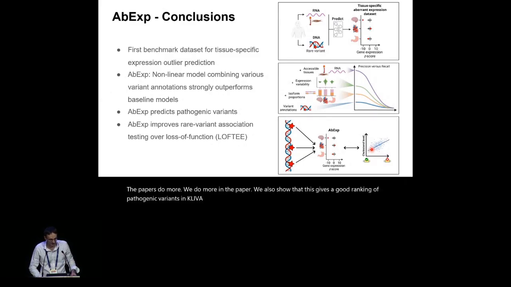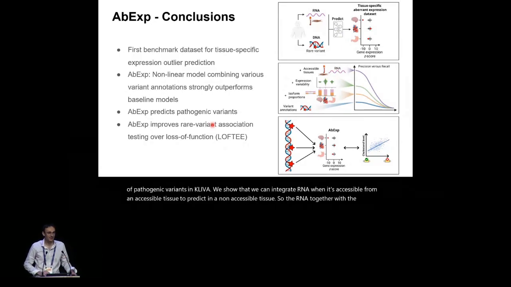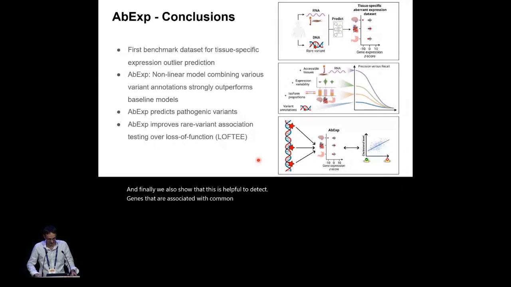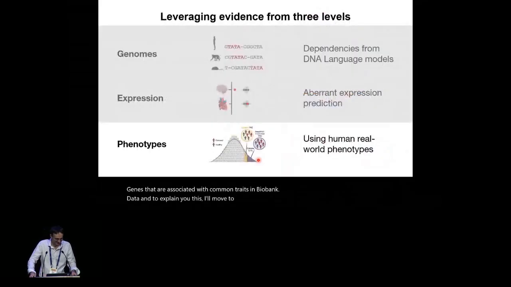We show that we can integrate RNA when it's accessible from an accessible tissue to predict in a non-accessible tissue, so the RNA together with the genome. And finally, we also show that this is helpful to detect genes that are associated with common traits in biobank data. And to explain this, I'll move to the last part of my talk.